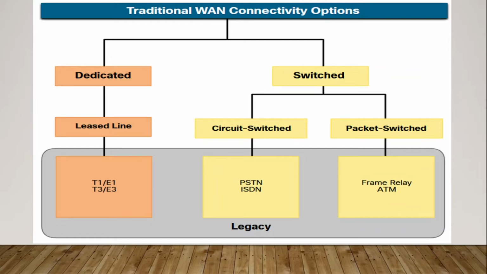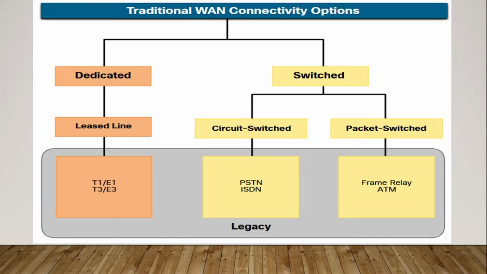Now, when permanent dedicated connections were required, a point-to-point link using copper media was used to provide a pre-established WAN communications path from the customer premises to the provider network. The point-to-point lines could be leased from a service provider and were called leased lines.